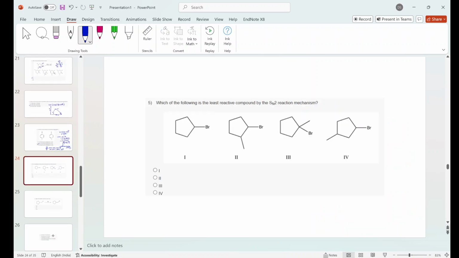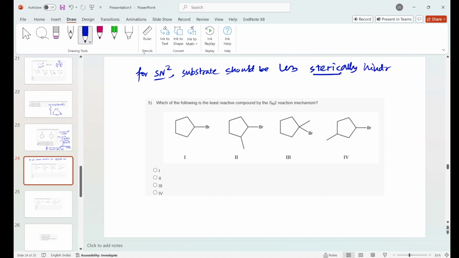For the next question, which of the following is the least reactive compound by SN2 reaction mechanism? For SN2, what do you require? For SN2, the substrate should be less sterically hindered. So now compare between these two.